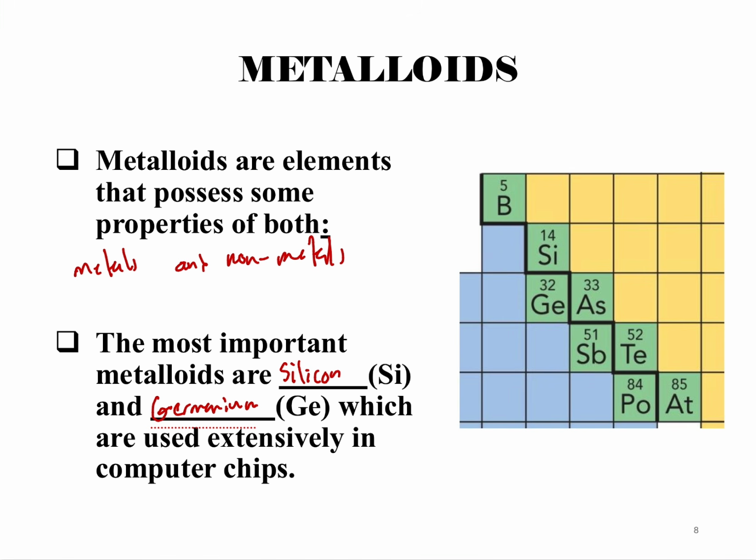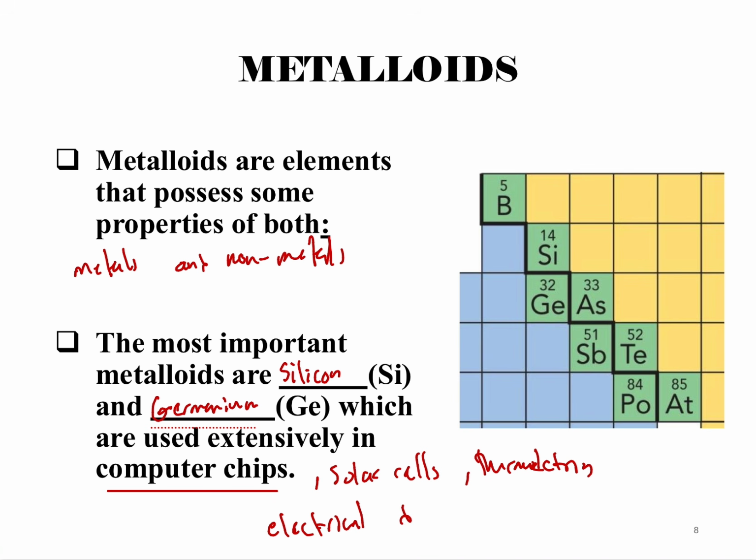So these are used a lot in the synthesis of things like computer chips, solar cells, thermoelectrics, and just electrical devices in general. And they have very interesting properties because of this kind of region that they exist in between nonmetal and metal behavior. So these metalloids have both properties of metals and nonmetals, right?